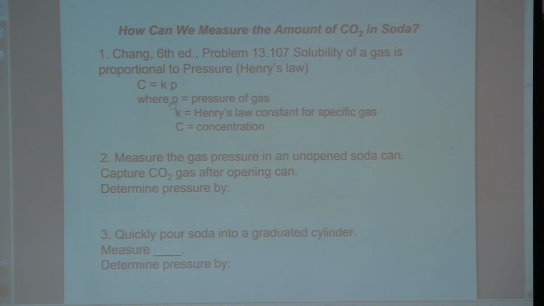I'm still trying to compile the rest of the data because we're trying to compare how these three methods work to determine the pressure of CO2 in soda. So far I only have two. One set of data didn't provide enough data to determine whether it was method 1, 2, or 3. So I've got to ask the groups that gave me that data what's going on, so we can finally get done with Lab 2.